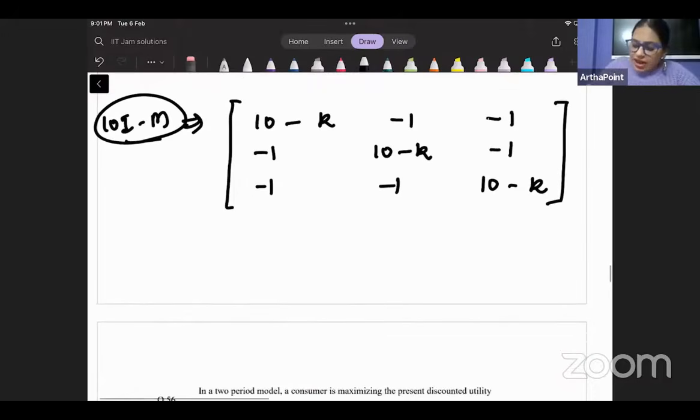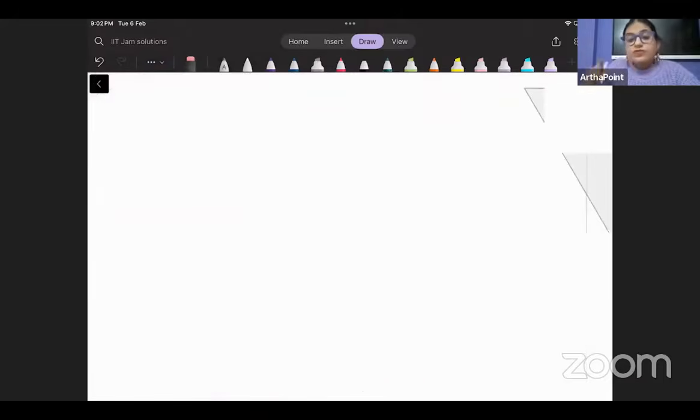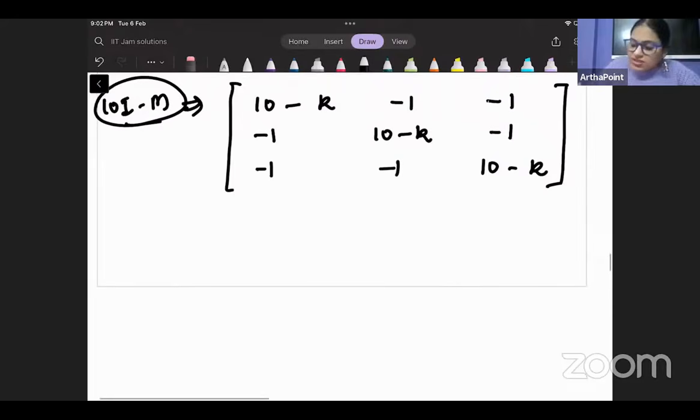It is saying that I want the rank of this matrix to be 2. It means that the determinant of this matrix should be 0. When the determinant will be 0, its rank will be 2.